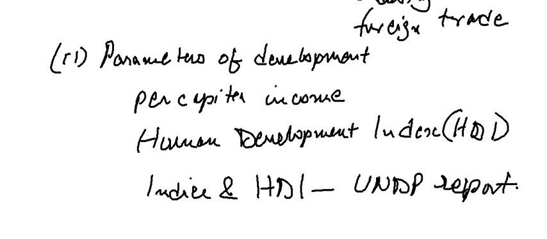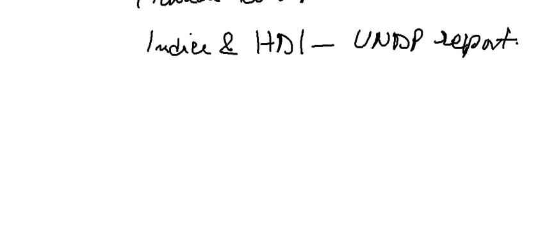We move on to the third point, which is planning and economic development in India. Now we are talking about planning here. If you understand, you know that India used to plan its economy, and there were 5-year plans.